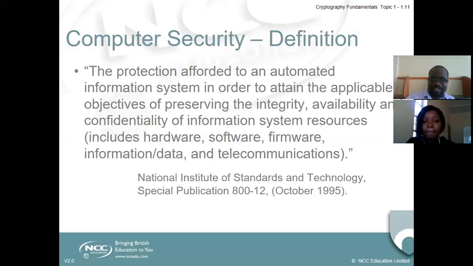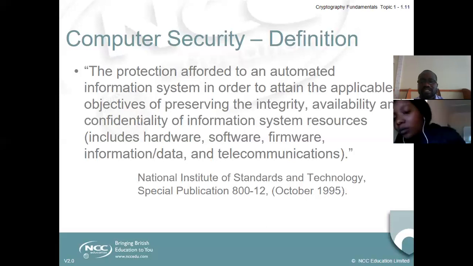Let's say if the network is under attack, the information is not going to be available. The hackers are going to take charge and withhold the information, which will make it unavailable to the people who are supposed to use it, isn't it? It won't be available. You can't access it.